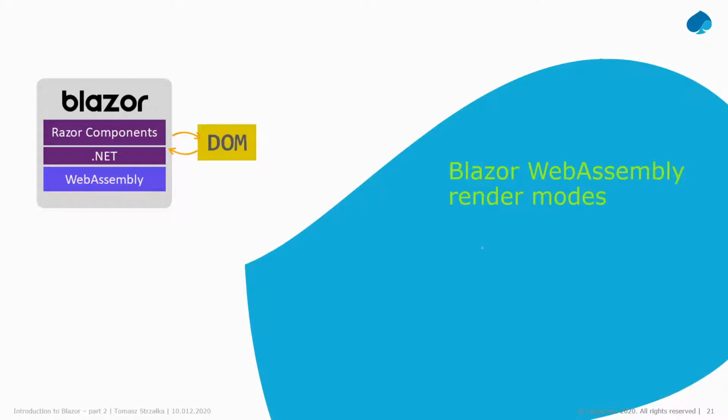If we would like to talk about WebAssembly render modes, this is something new that Microsoft introduced with .NET 5. Without those, the user was doomed to see the loading screen at the beginning of the running application.